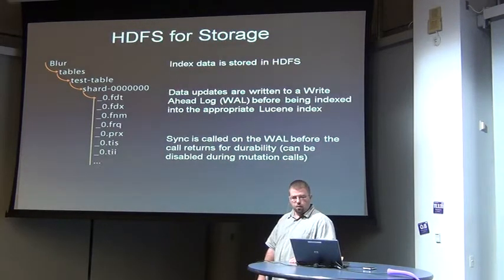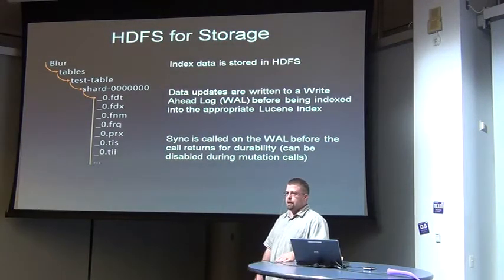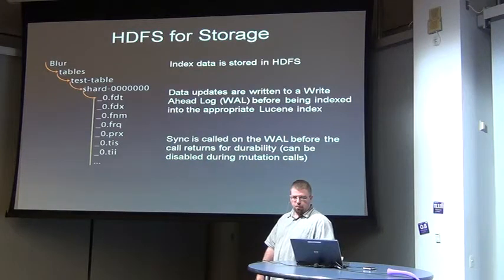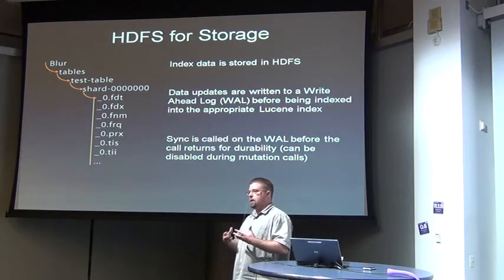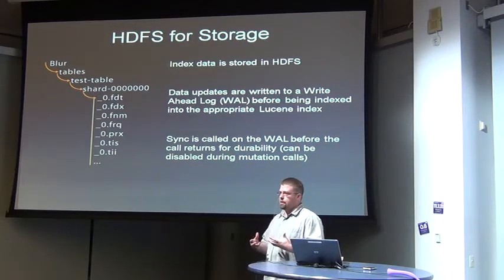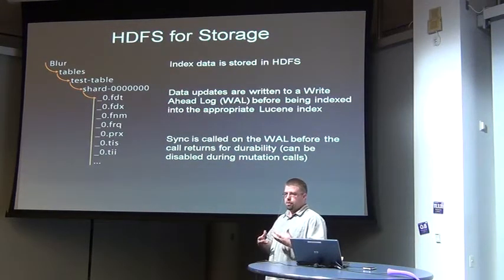So the way the data looks in HDFS is just a standard directory structure with standard Lucene files stored on disk. Very simple, very straightforward. Whenever the incremental updates come in, if they need to be persisted and we would like them to survive beyond failure, which most of the time you do, everything is issued to a write-ahead log, and sync is called on these write-ahead logs in HDFS, so it will survive a node failure.